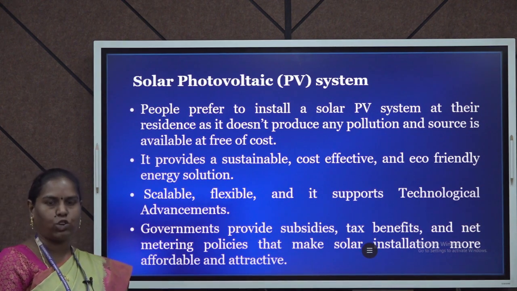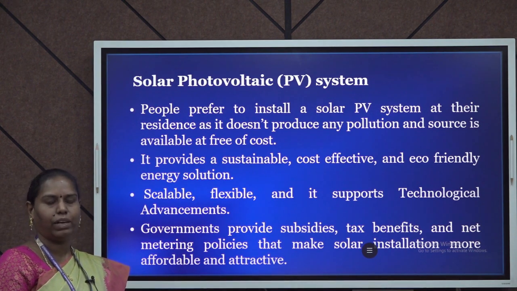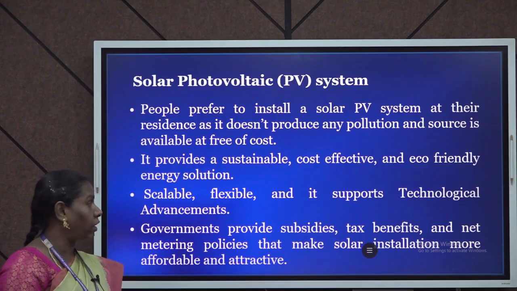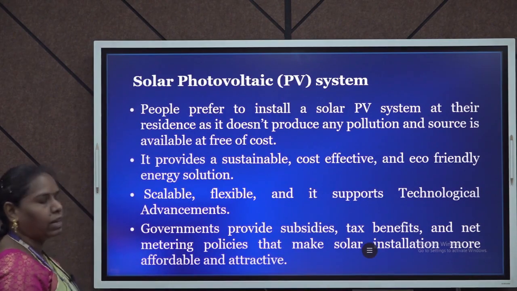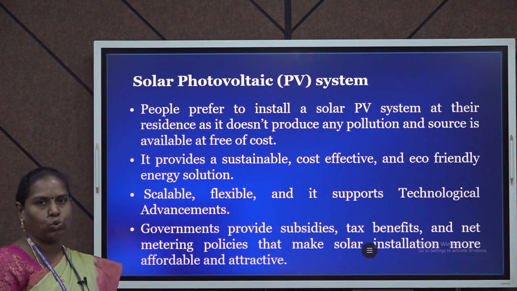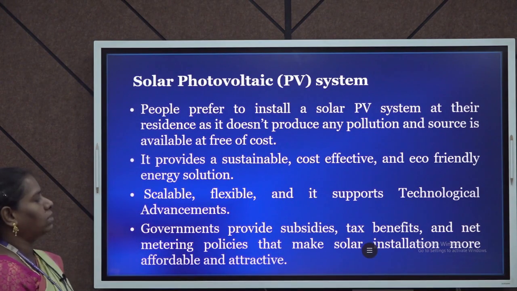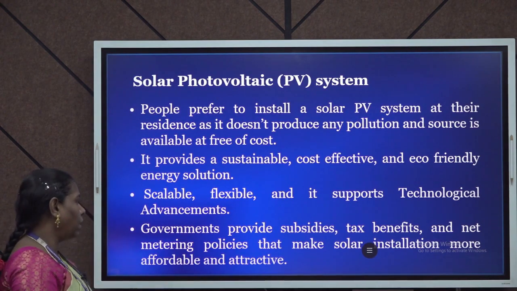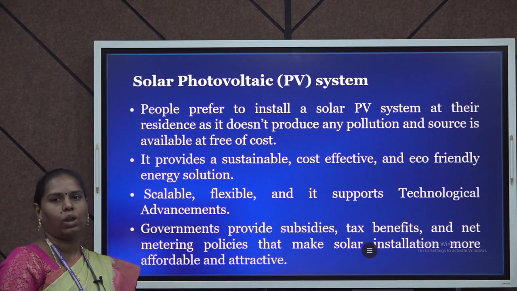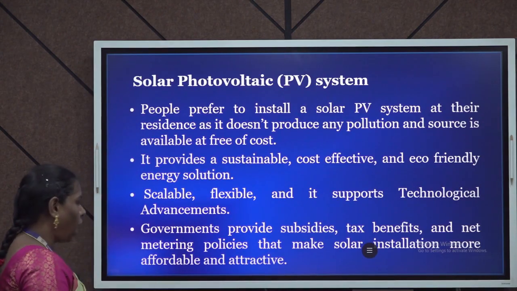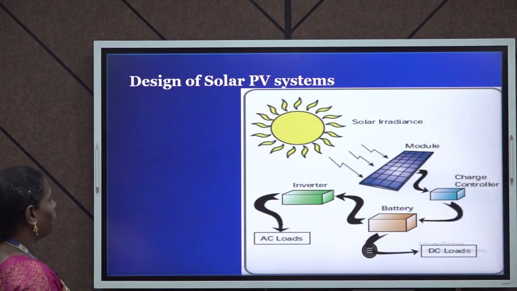We can extend the range of power generation, and it is flexible. We can customize based on the customer requirements, and it supports technological advancements like AI, IoT and smart metering. In addition to that, the government provides subsidies, tax benefits and net metering policies that make the solar installation more affordable as well as attractive.